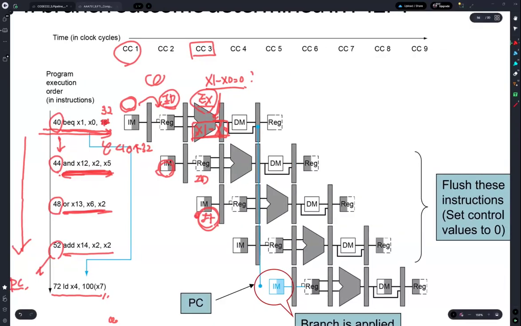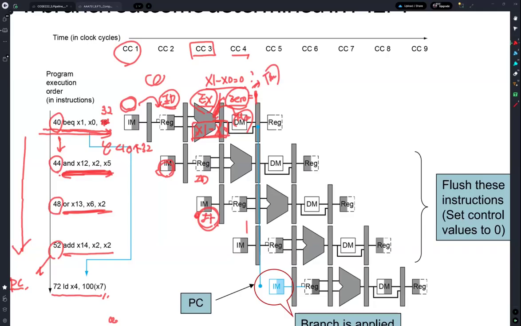The result of the branch instruction, the zero flag, is propagated to the memory stage. If the zero is 1, it means x1 minus x0 is 0, so the branch condition is true and the branch is determined.